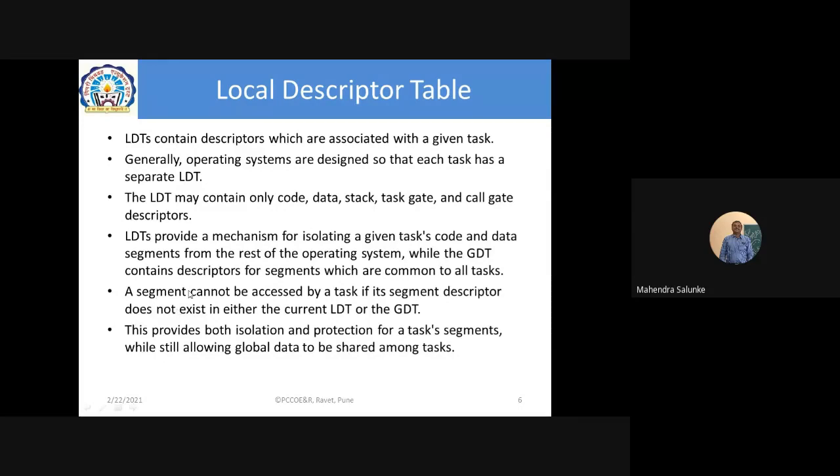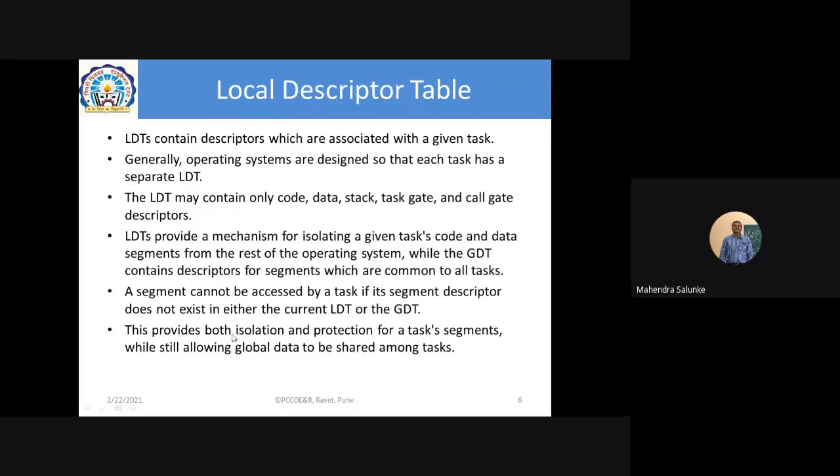That segment descriptor must be available in the current LDT. If it is not there in the current LDT, then it should be there in the GDT. Getting this? So for any segment that your program is trying to access, if it is available in the current LDT or in the GDT, then it is possible to access that segment.